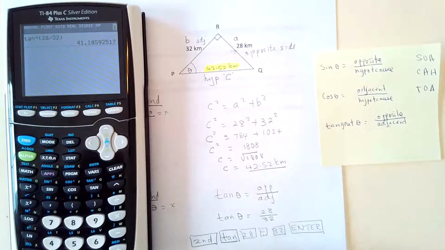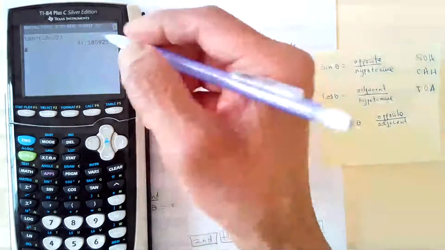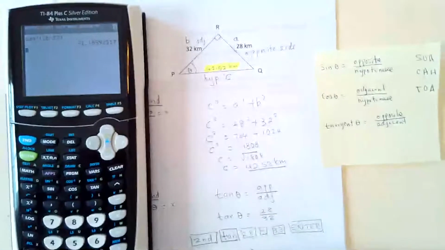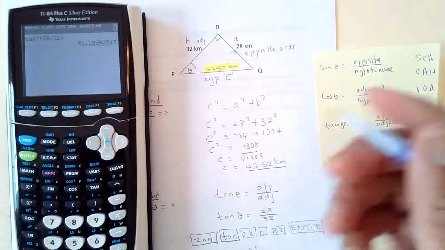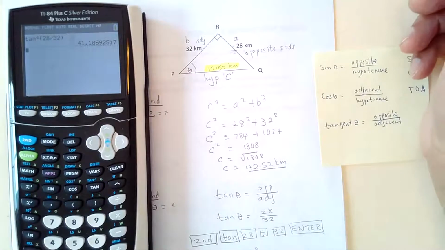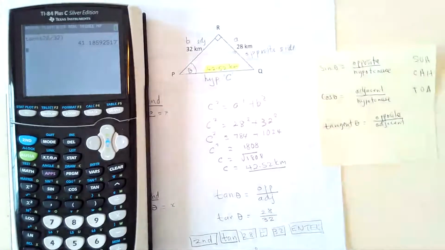That gives me 41. So theta is equal to 41.19 degrees. So that's our measurement for that angle.